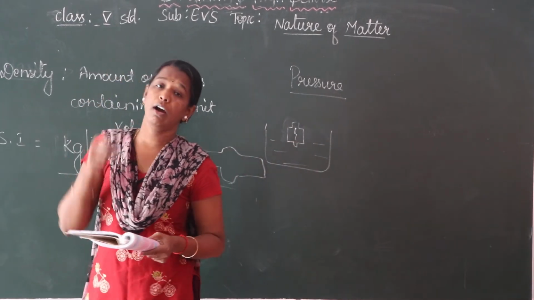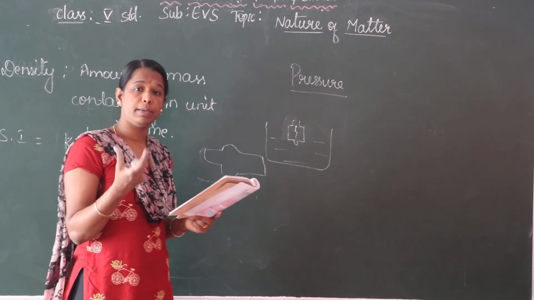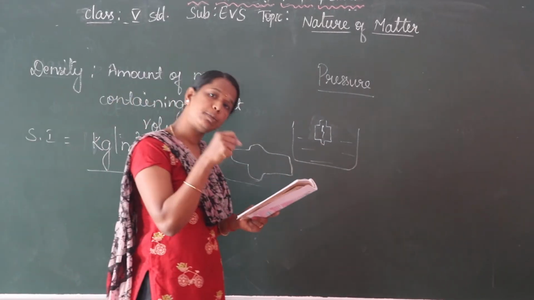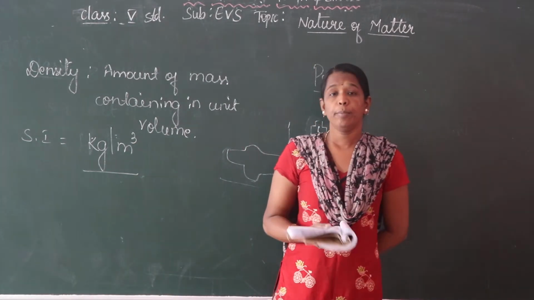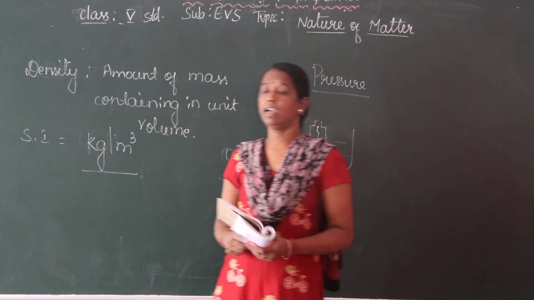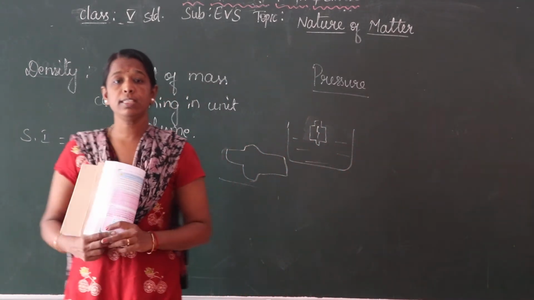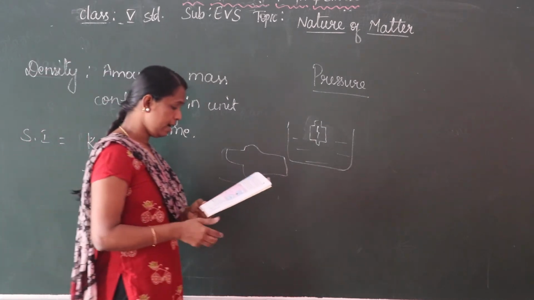When we place the blade in a vertical manner, what happens? The mass is distributed in a smaller area. So this is called pressure. Pressure is the force exerted per unit area.